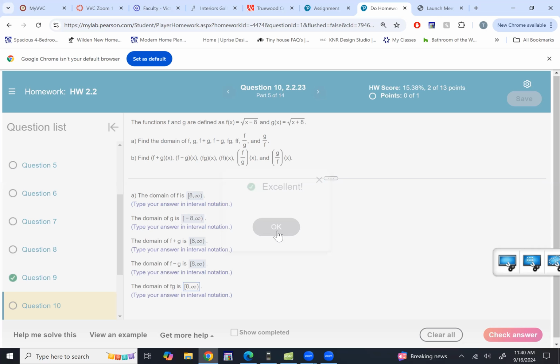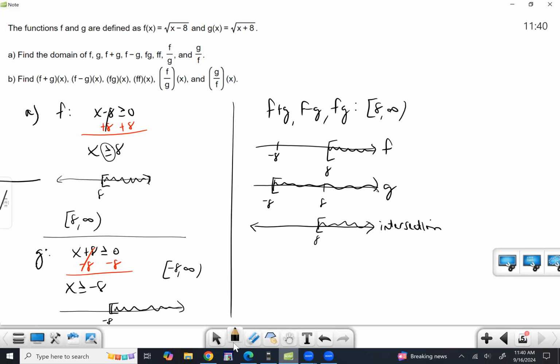Okay, so the next one is f with itself. And we said anytime you are multiplying a function by itself, whatever the original function's domain is, that's going to be your answer.